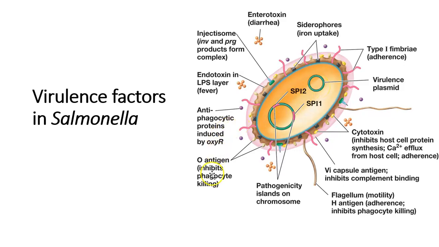The O antigen inhibits phagocyte killing, so when the white cell tries to engulf it, it kills the white cell. There's your pathogenicity islands in the chromosome. This is just salmonella, and these are all the things these organisms have that allow them to cause disease.